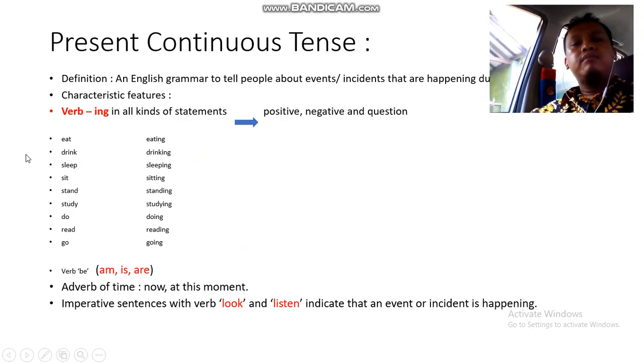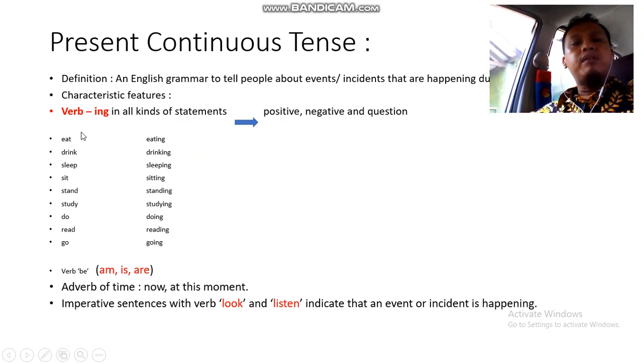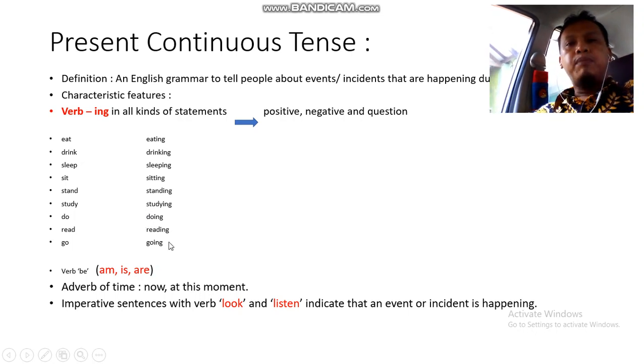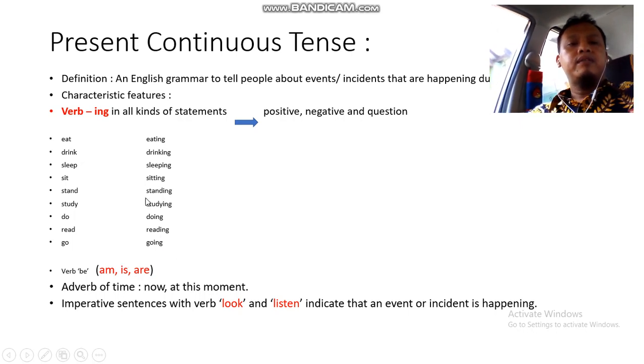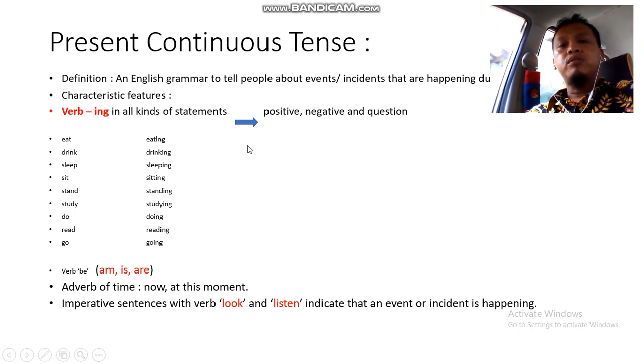For example, eat becomes eating, drink becomes drinking, sleep becomes sleeping, sit becomes sitting, stand becomes standing, study becomes studying, do becomes doing, read becomes reading, go becomes going. And many more. All kinds of verbs can be formed into verbing.